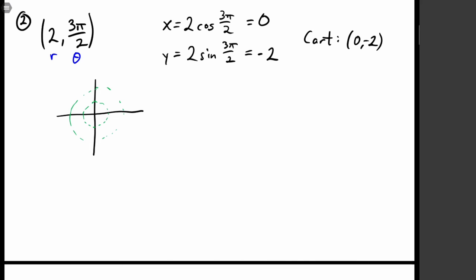Our angle needs to be 3 pi over 2, which is all the way down here. So our point is right here. Describing that in Cartesian coordinates, it's on the y-axis and below the x-axis, so 0, -2.